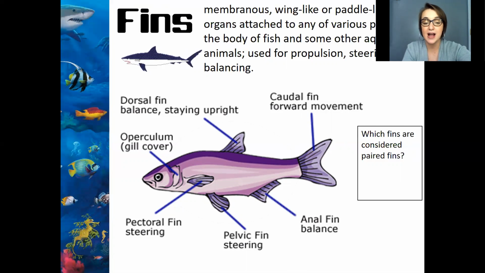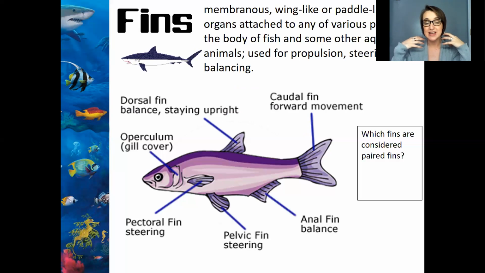Then typically you will have a set of paired fins, which are going to be those pelvic fins. This is going to be right underneath their belly. You're going to have your pectoral fin, which again is going to be another type of paired fin. These are going to be the arms, if you will, there on either side of them. And then the operculum, this one people don't necessarily always think about as being a fin, but when you see a fish and you see the gills moving, the gills are actually a structure inside the fish.